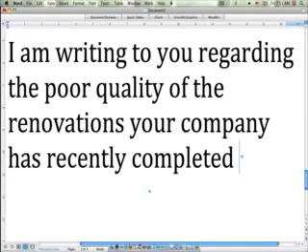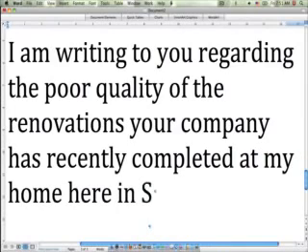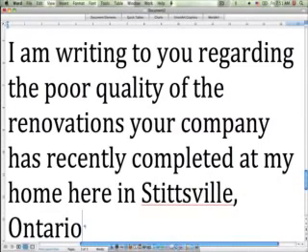So I'm going to say at my home here in Stittsville, Ontario. Okay, I'm writing to you regarding the poor quality of the renovations your company has recently completed at my home here in Stittsville, Ontario. So that is the entire first paragraph. It's only one sentence long, and it just says our purpose for writing the letter.